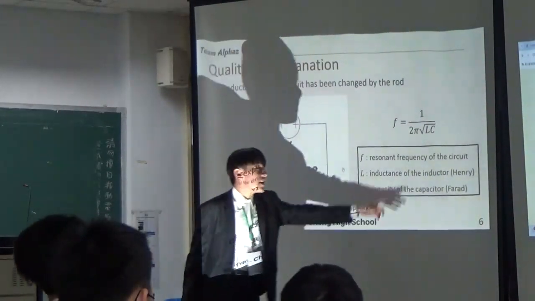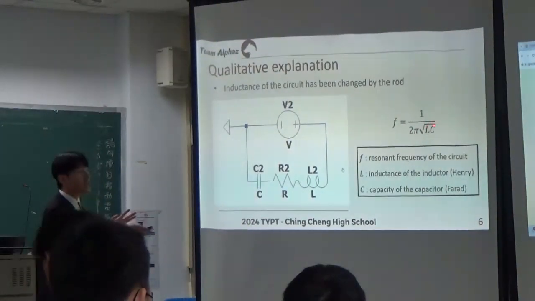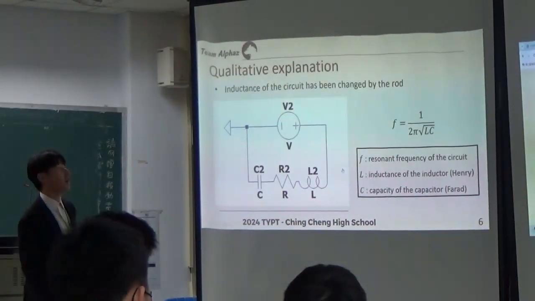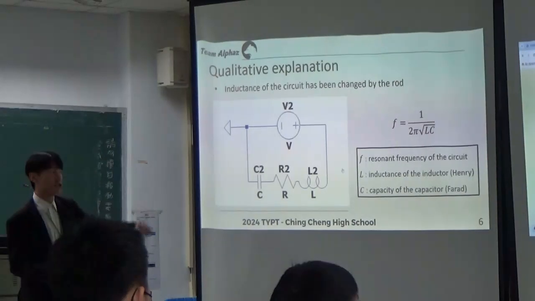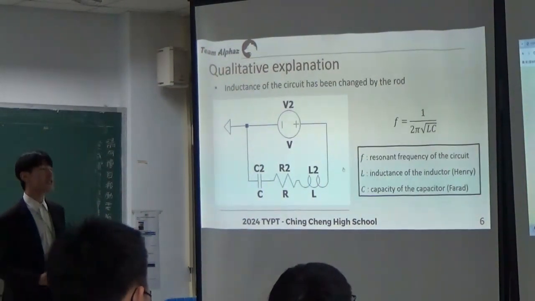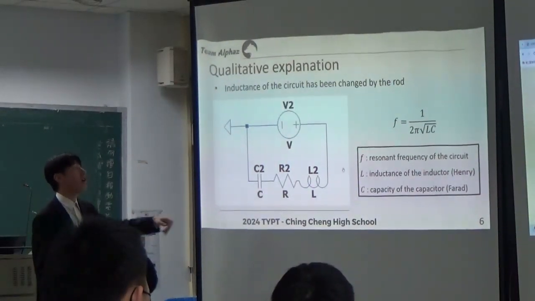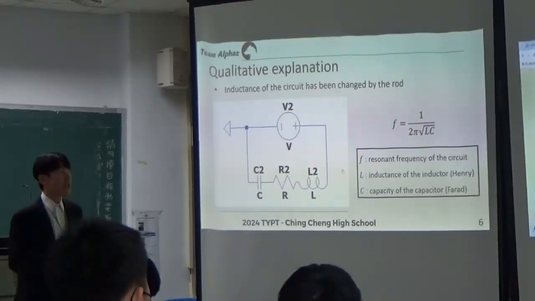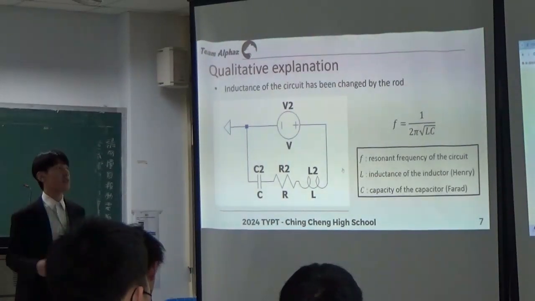But the inductance is in fact impacted by the rod's insertion. And when the inductance is changed, the resonance frequency of this circuit will be changed, and that is how this phenomenon happens.